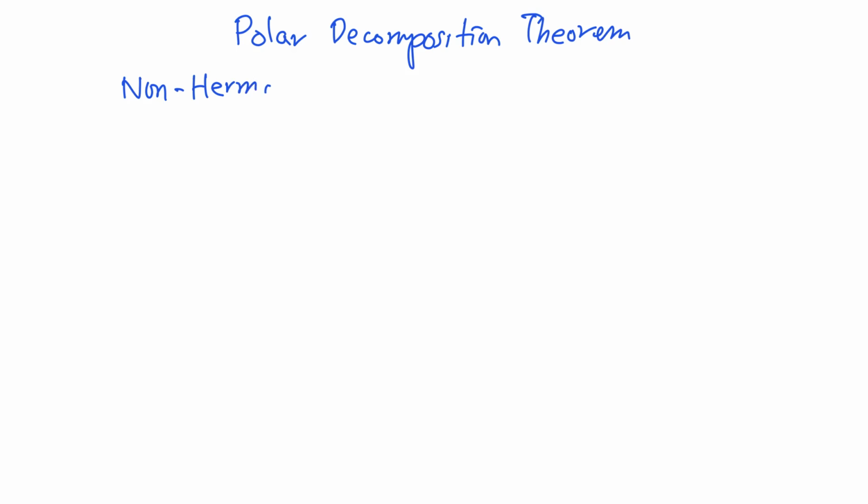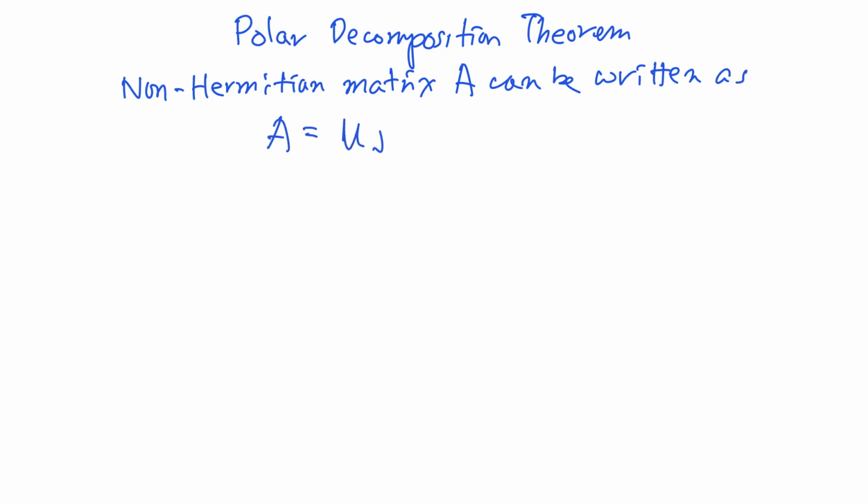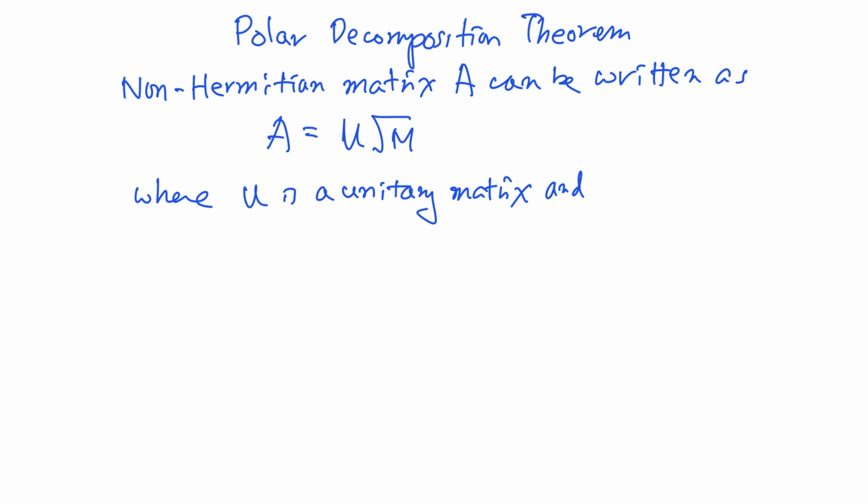There is another theorem, the polar decomposition theorem. A non-Hermitian A can be written as A equals U times the square root of M, where U is a unitary matrix and M is A dagger A. It's polar decomposition.